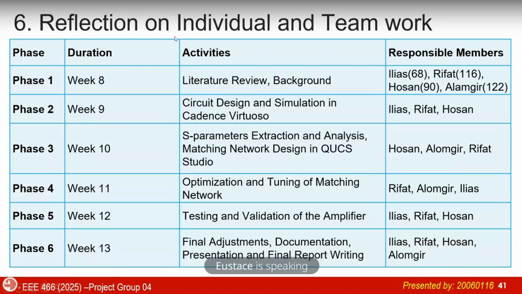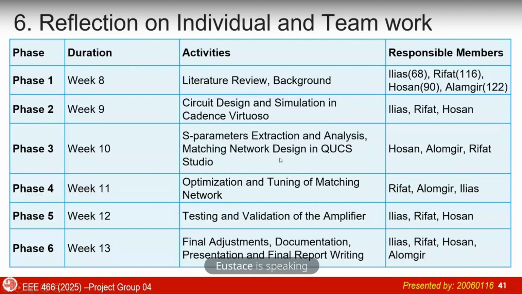Here's the reflection of our individual and team work. We just got 6 weeks for this project. The first week we spent on literature review and background. All members were involved in this. Then we designed the circuit from the literature and simulated it in Cadence Virtuoso.